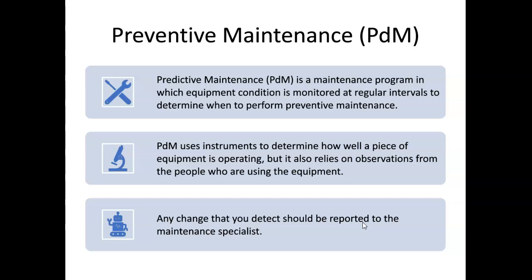If we're using temperature sensors and you get a temperature spike, then that might signal something going on where we would come back in and take a look at it to do that type of preventative maintenance. Those are the types of changes that you would detect as you're monitoring, and then report to the maintenance specialist on that machine so that it can be taken care of and addressed.